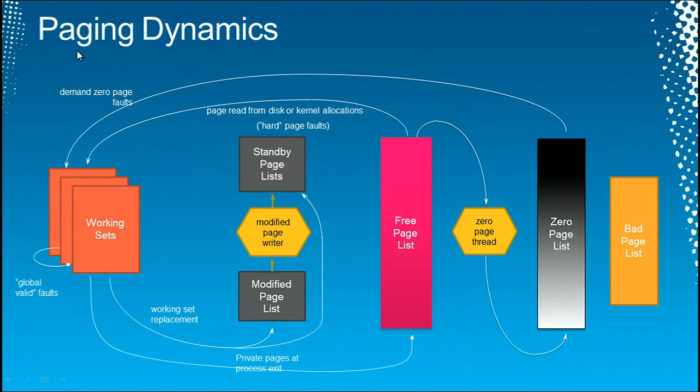So what happens is the cache manager, the component in the kernel that does those I/Os, the I/O system with the help of the cache manager, will go and allocate pages from the free page list if there's pages there to allocate from, read into those, and then put them in your working set. No sense taking a zero page. But if you do a virtual alloc, the memory always comes scrubbed, always filled with zeros.